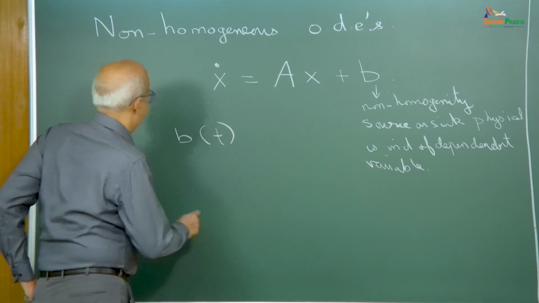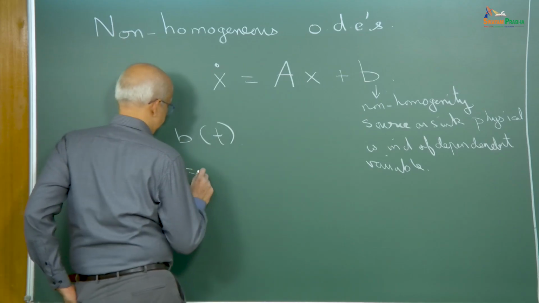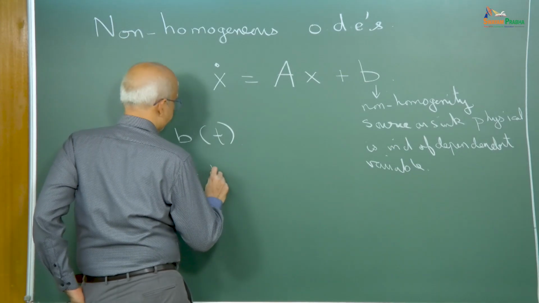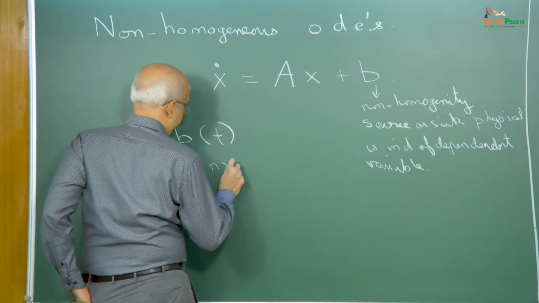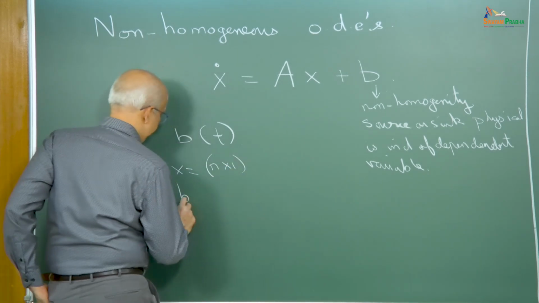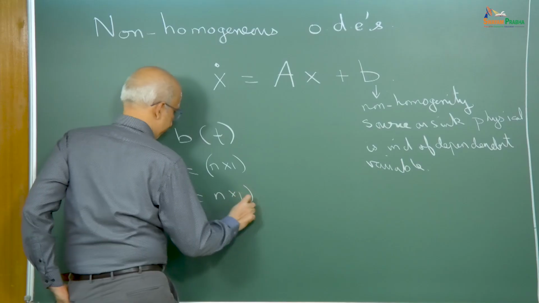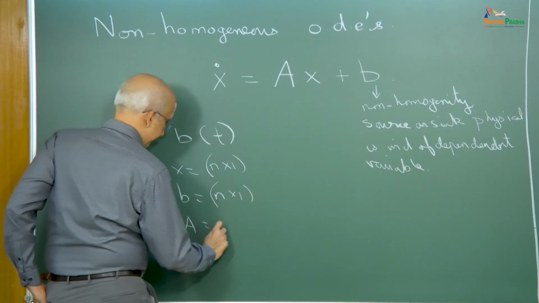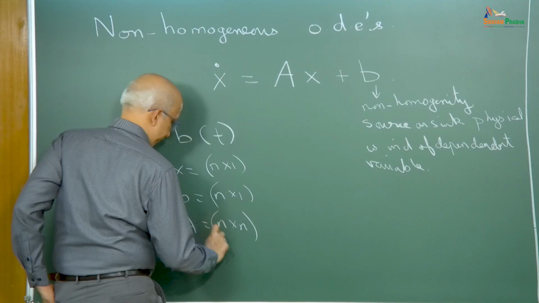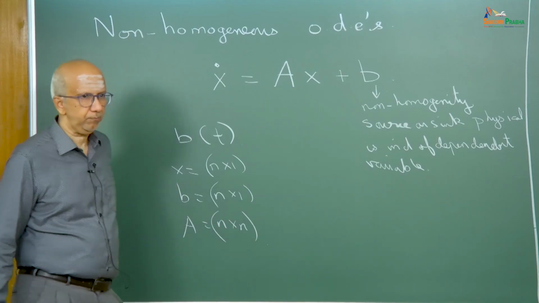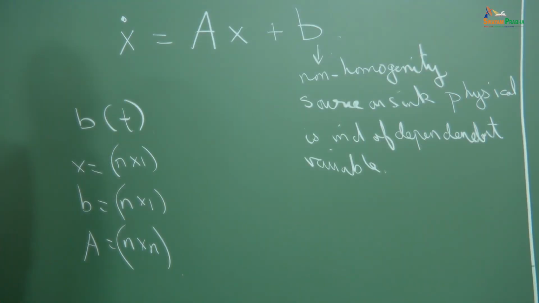So, again x is n by 1, b is n by 1, and A is n by n, okay. A is an n by n matrix, x and b are n by 1 vectors.